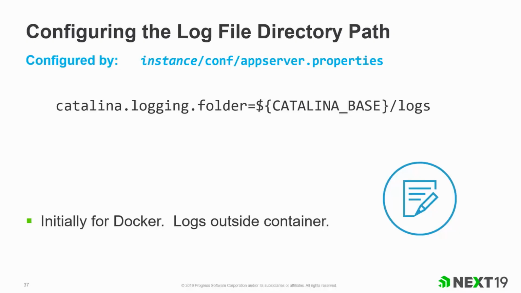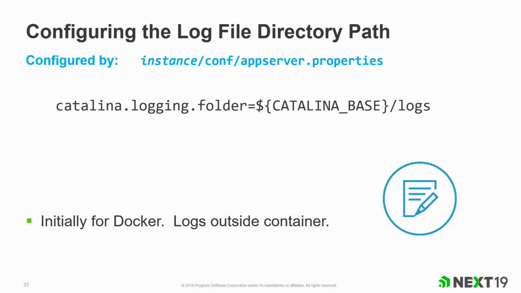Well, you can configure that log directory path. So if you need to move the logs somewhere else, you can go to appserver.properties in the conf directory, and there's a property there called Catalina logging folder, and you can point that anywhere, and that whole set of logs for your instance will move somewhere else.